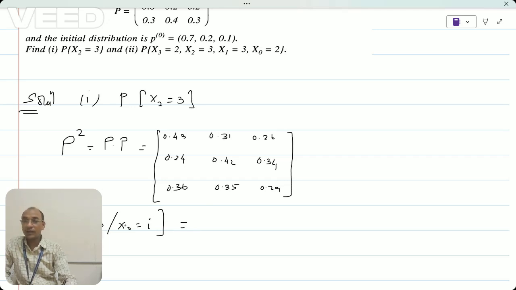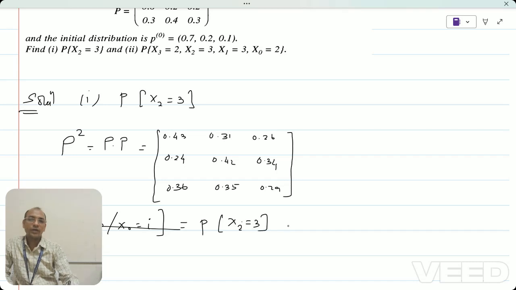We can write the probability X2 equal to 3 in this way: summation over i of probability of X2 equal to 3 given X0 equal to i into probability of X0 equal to i.